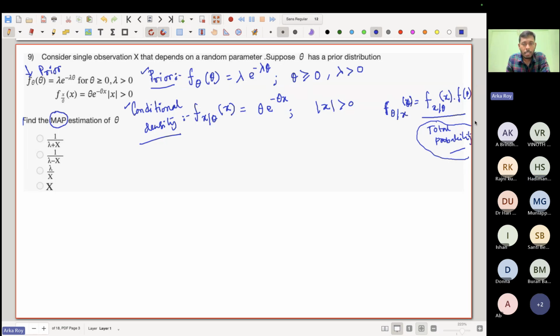So this is basically a scaling factor. So if I consider it as a scaling factor, I can write f theta given x of theta as proportional to f x given theta of x multiplied with f of theta. Fine.